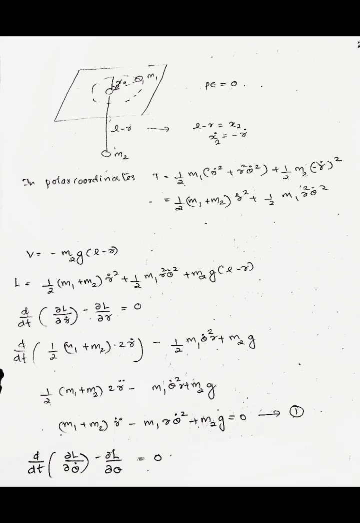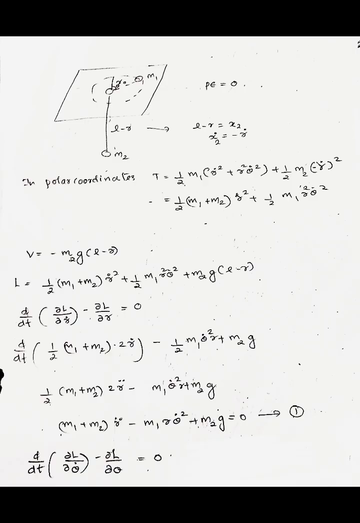Then Lagrangian L is equal to half m1 plus m2 into r dot square plus half m1 r square theta dot square plus m2g into L minus r. d by dt of dou L by dou r dot minus dou L by dou r is equal to 0, because r is the generalized coordinate.